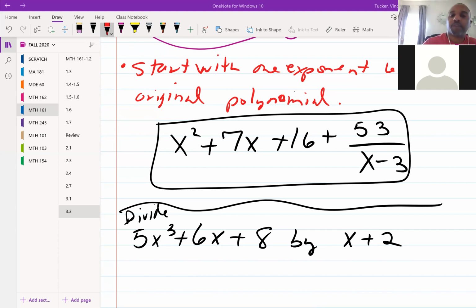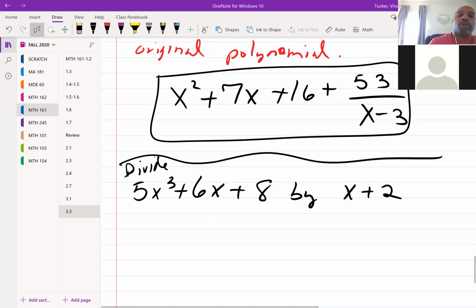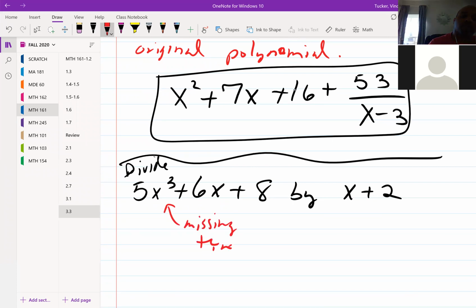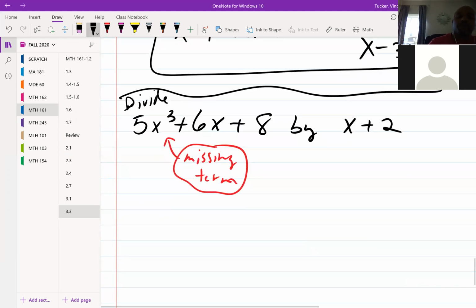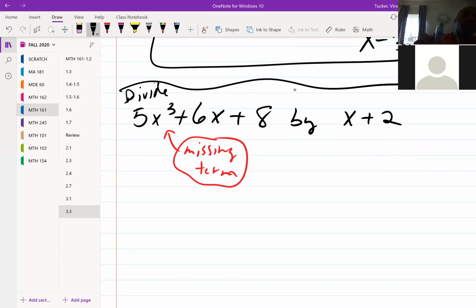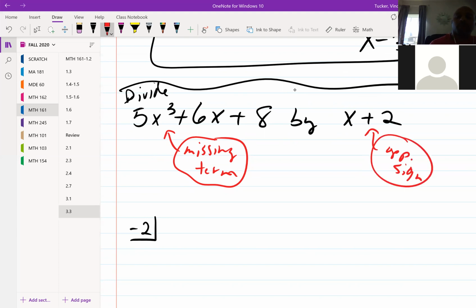No problem. All right, so got to be careful here. Got a missing term. So when I go to set up my synthetic division, -2, because got to use the opposite sign.